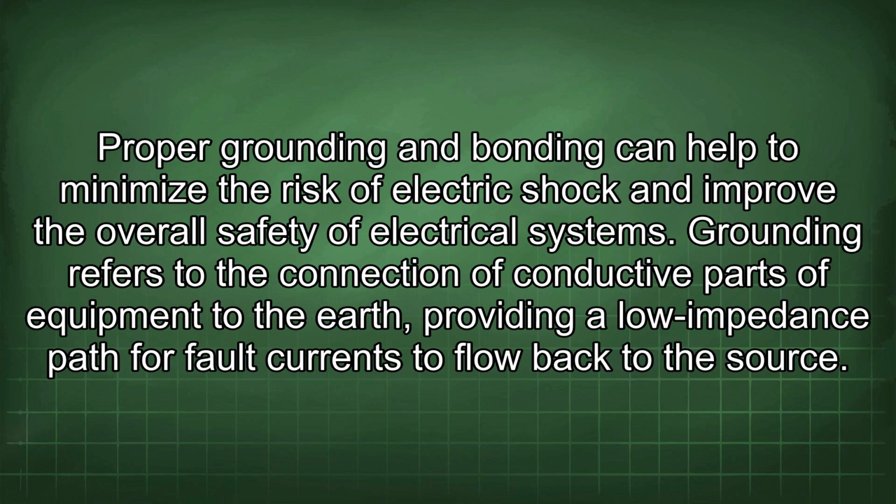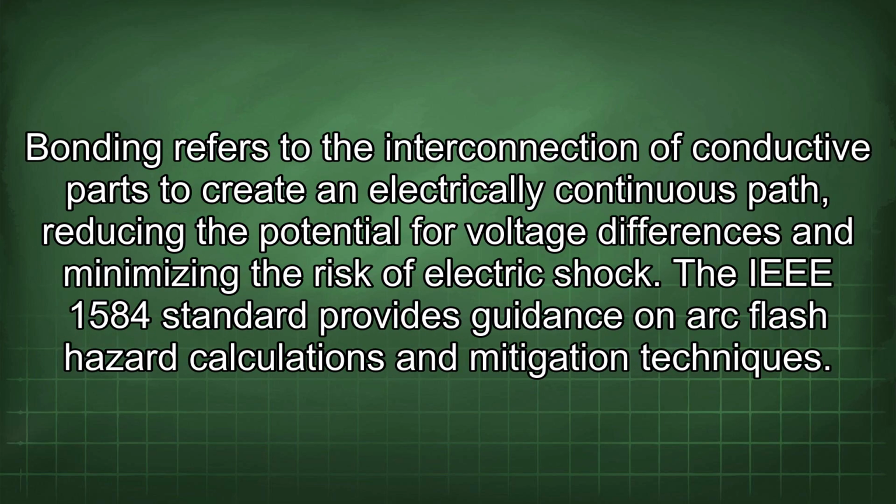Grounding refers to the connection of conductive parts of equipment to the earth, providing a low impedance path for fault currents to flow back to the source. Bonding refers to the interconnection of conductive parts to create an electrically continuous path, reducing the potential for voltage differences and minimizing the risk of electric shock. The IEEE 1584 standard provides guidance on arc flash hazard calculations and mitigation techniques.